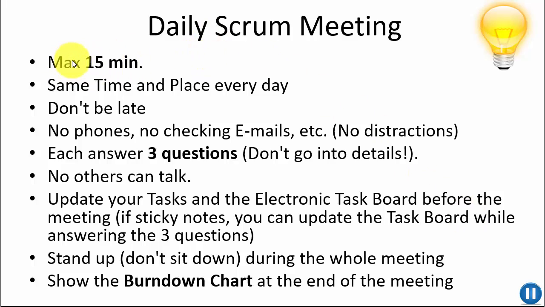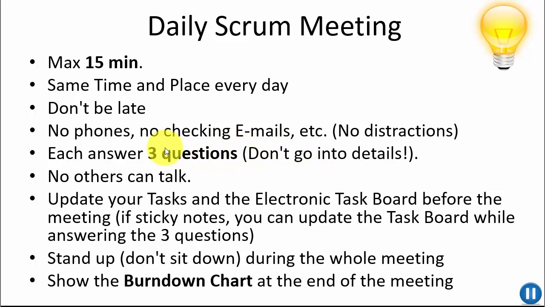The daily Scrum meeting should typically not last more than 15 minutes. It should be at the same time and place every day, and it's important that the team members are not late. In addition, you should bring no phones and no computers for checking emails, etc. Each team member should answer these 3 questions, but you shouldn't go into details.